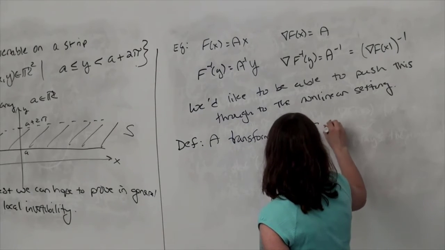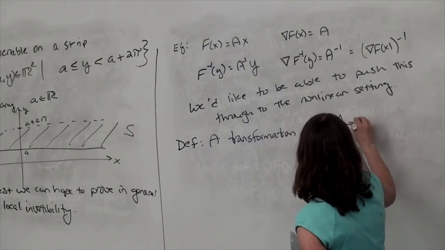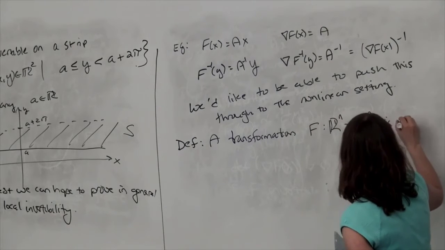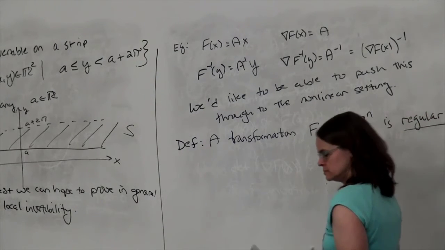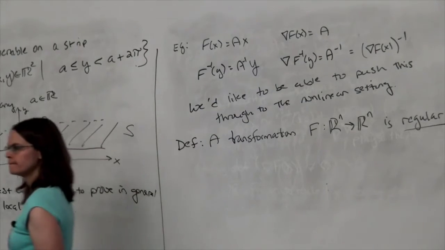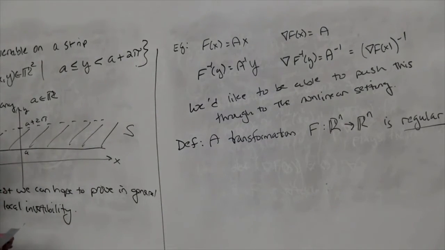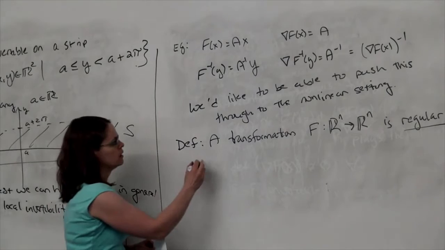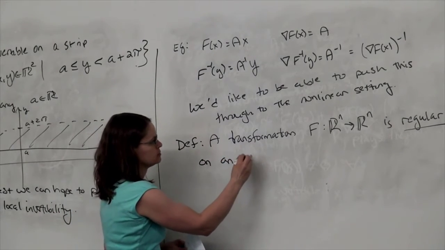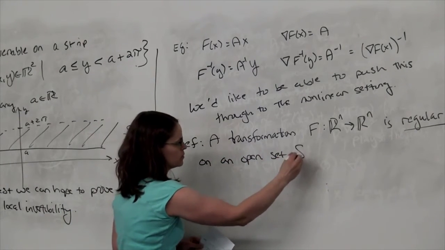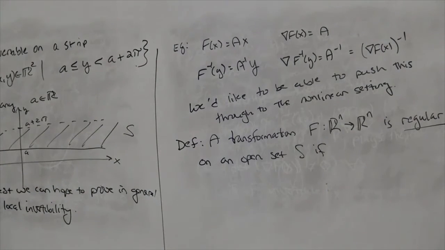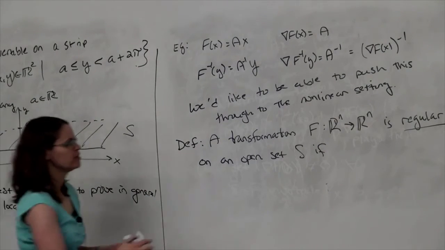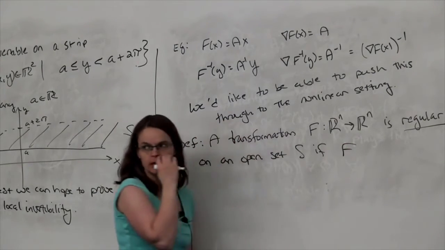Okay, so f going from Rn to Rn is regular on an open set S if f is as nice as we could like it to be on this set.